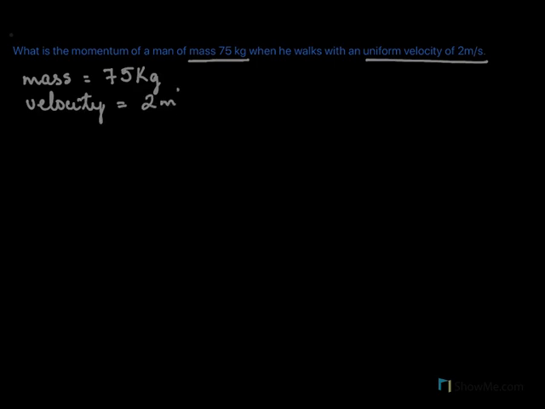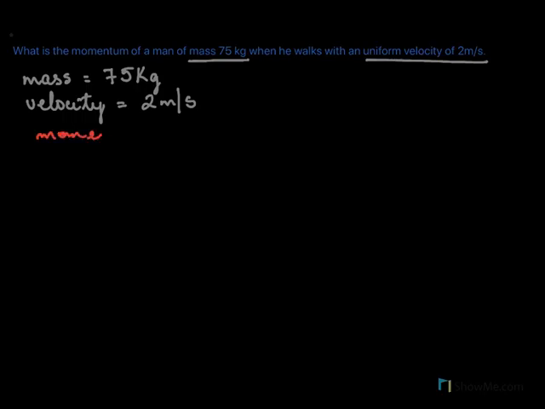What is the momentum of a man of mass 75 kgs when he walks with a uniform velocity of 2 meters per second? So the mass equals 75 kg and velocity equals 2 meter per second.